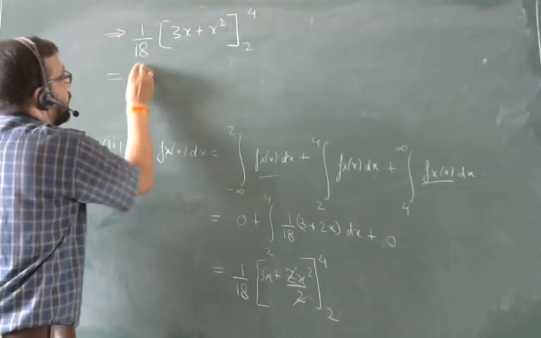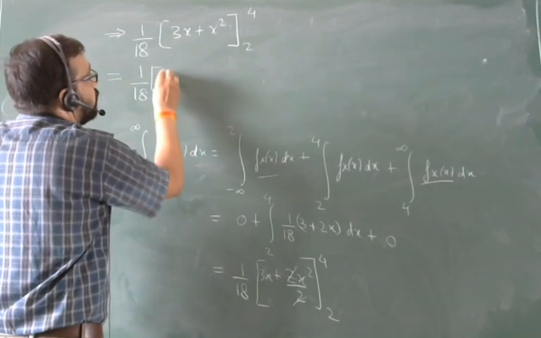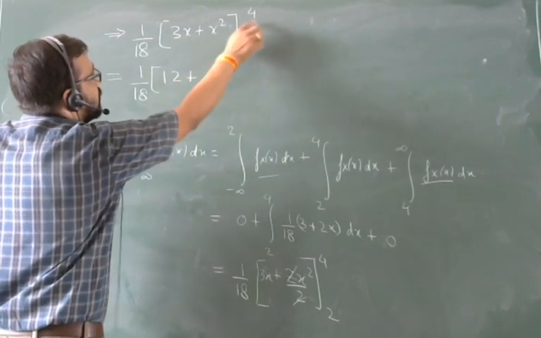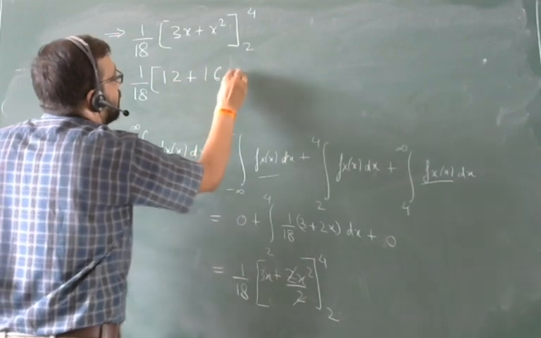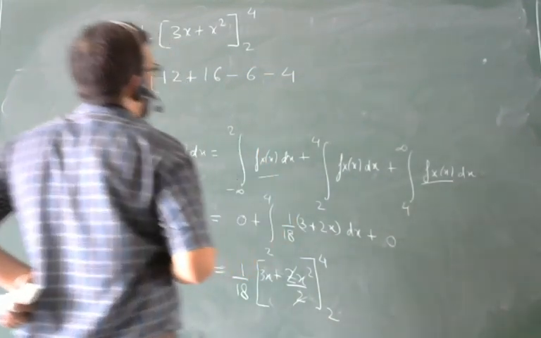Now placing the limit, 1 upon 18 times (12 plus 16 minus 6 minus 4).